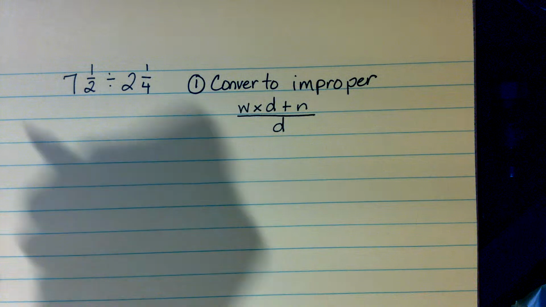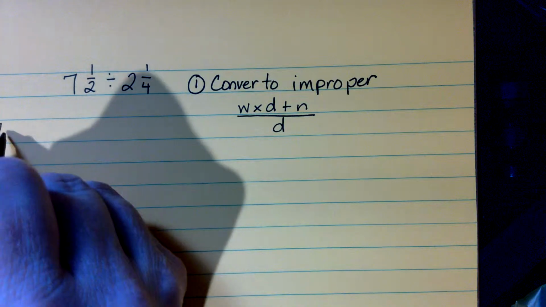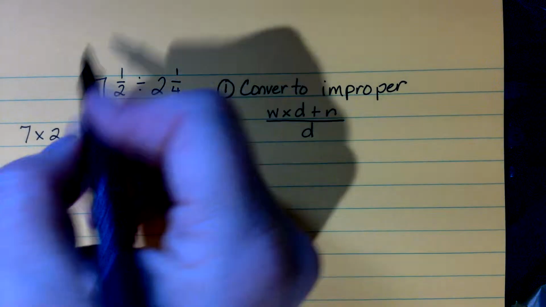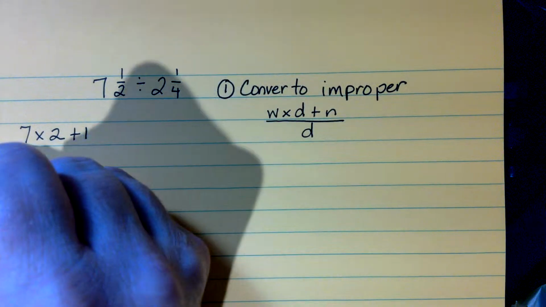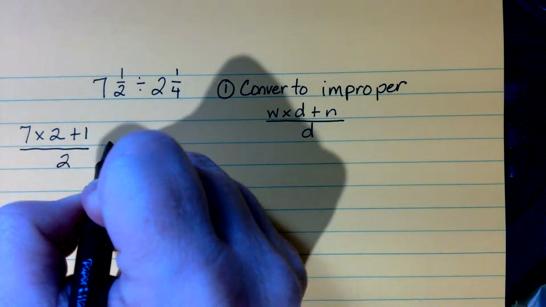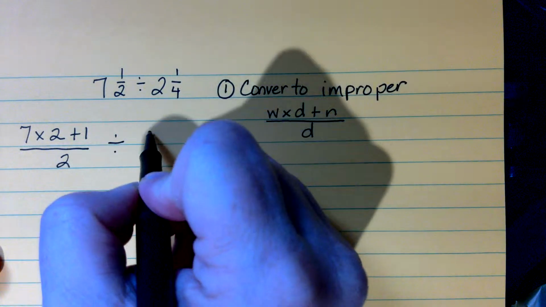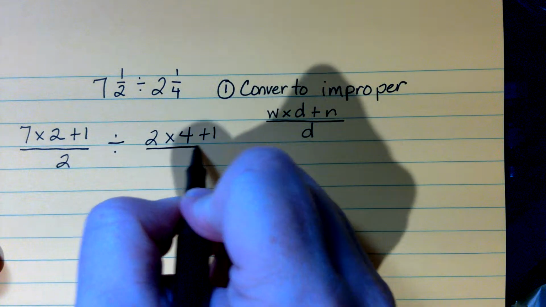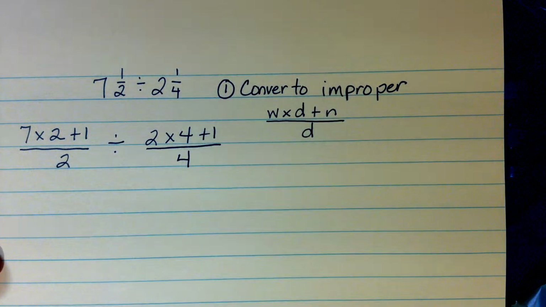So for the first one, it's going to be 7 times 2 plus 1 all over 2, divided by 2 times 4 plus 1 all over 4.